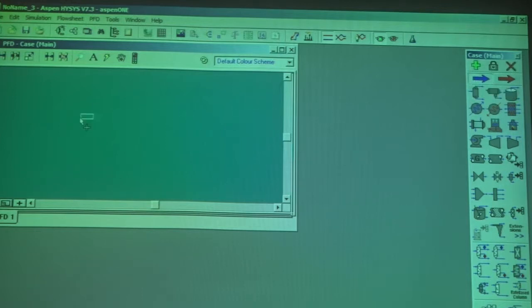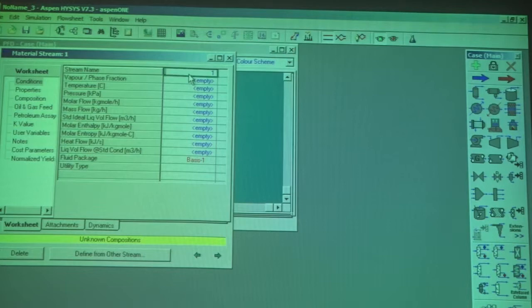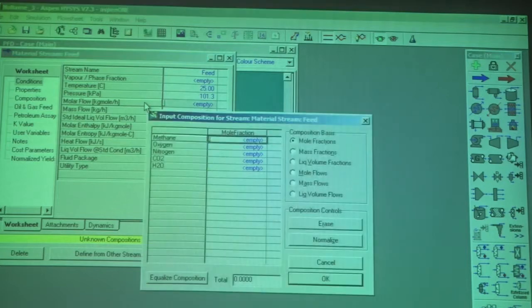We choose a feed stream. I'm going to call it feed. The feed stream temperature is 25 degrees Celsius. The pressure is 101.325 kilopascal. The molar flow rate, I'm going to choose mole flow rates for each component.